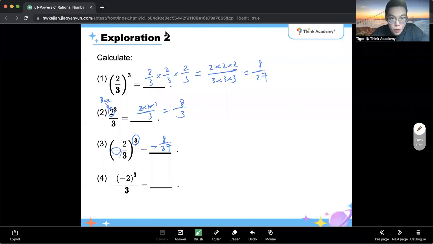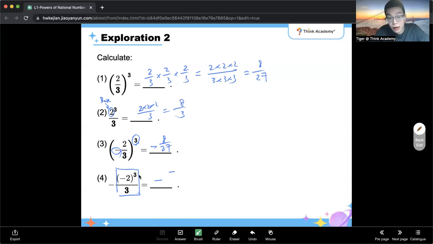And then the last one. What about the last one? Some say positive 8/3, some say minus 8/3. So we have a minus sign there, and then we have this thing, right? Which means that we can just first try to copy the minus sign down. And then for this section, we have -2 in brackets to the power 3, which is going to be minus, because I have a negative base and an odd power.